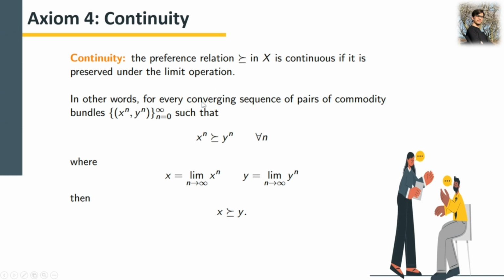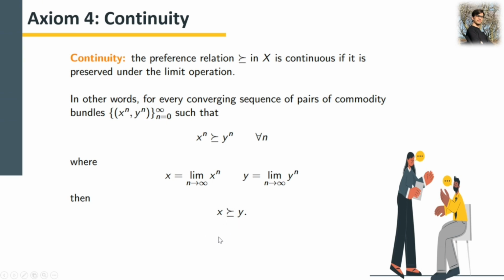In other words, for every converging sequence of pairs of bundles, x_n and y_n, n from 0 to infinity, such that x_n is at least as good as y_n for all n, where x is equal to the limit of x_n as n converges to infinity, and y is equal to the limit of y_n as n approaches infinity, then x is at least as good as y.